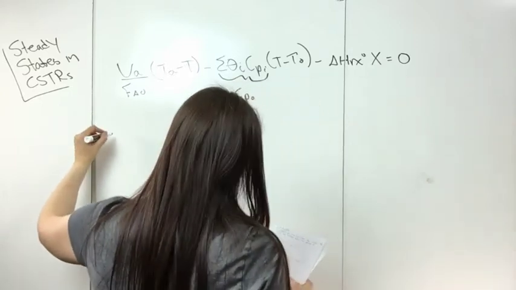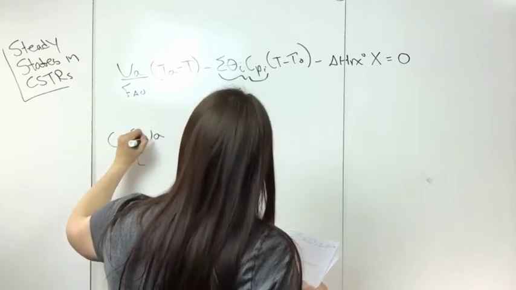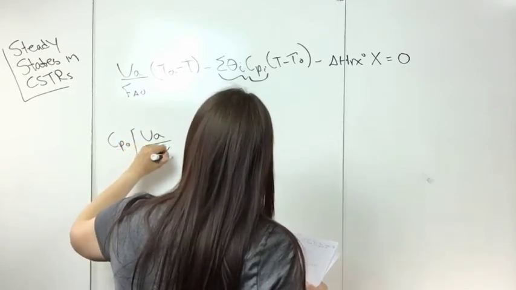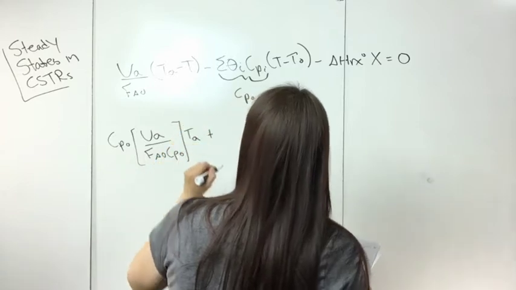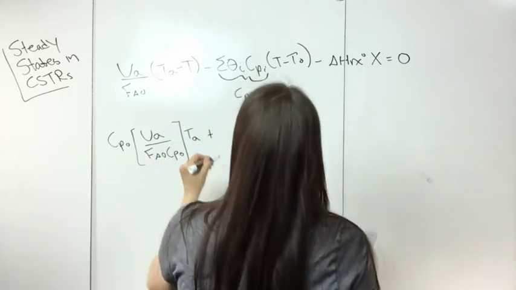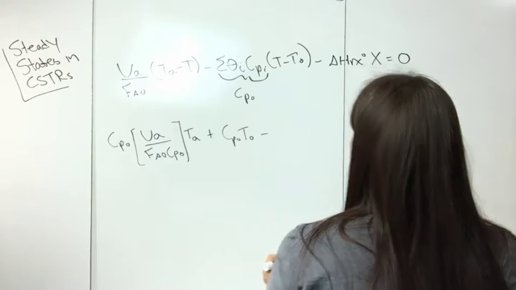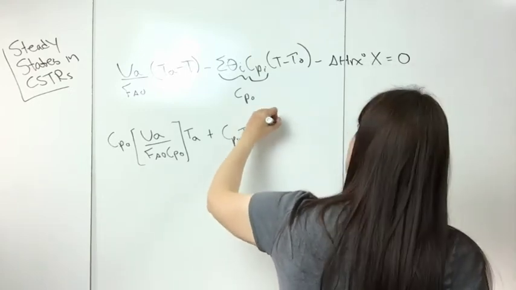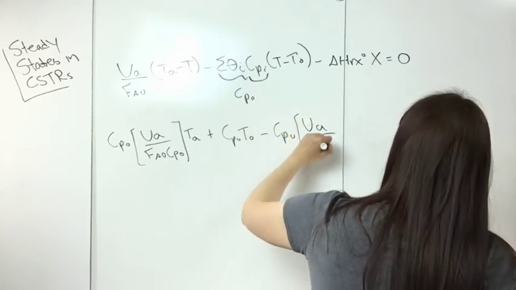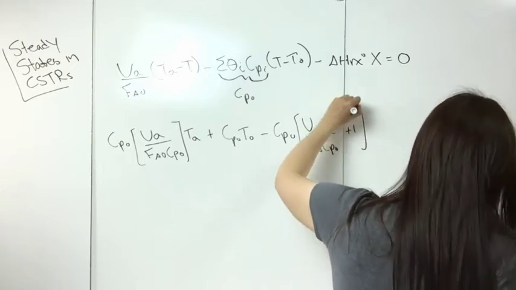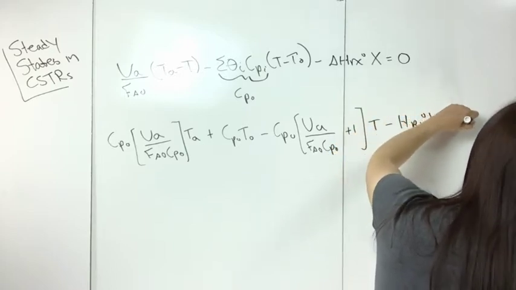Then this can be rewritten as Cp naught UA over FA naught Cp naught, that's multiplied by TA, plus Cp naught T naught, minus Cp naught UA over FA naught Cp naught plus 1 multiplied by T, minus the heat of reaction X is equal to 0.